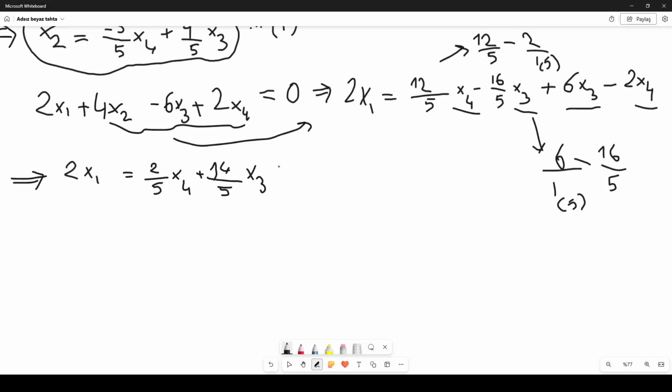Since the coefficient of x1 is 2 on the left hand side, we need to divide both sides by 2.